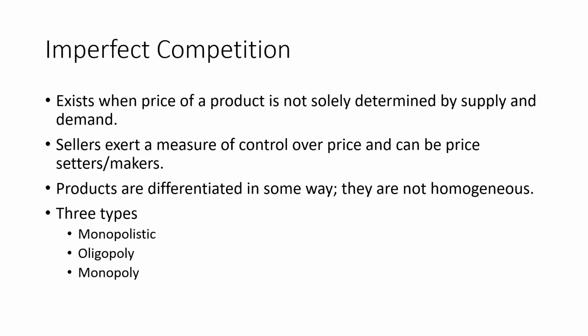So they've created a product that is different than really anything else. So it's not homogeneous, and they are able to help set the price to the consumers. So there are 3 types of imperfect competition: monopolistic, oligopoly, and monopoly. And we're going to talk about each one of these individually.